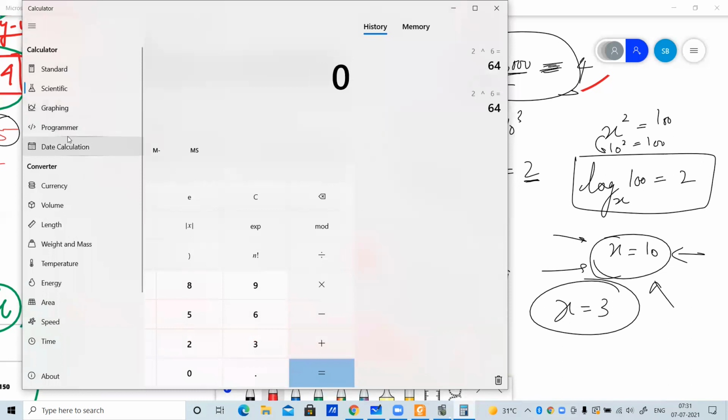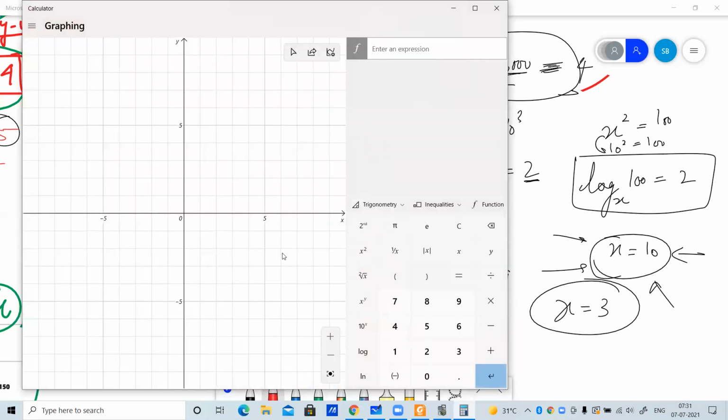I'm just checking it on my local calculator. I don't think it'll be here. Standard scientific graphing. I'm having log here. When you have log, it means the base is 10.